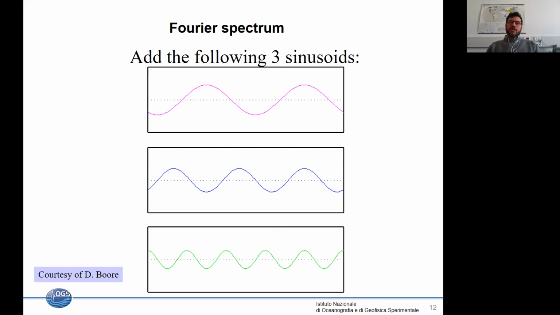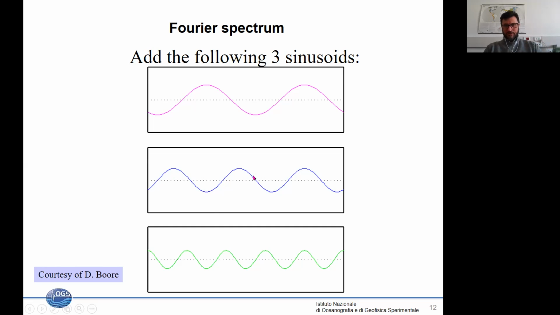Okay. So just make a very simple example. We have now three simple signals, three sinusoids. We will call it, let's say, 2, which is this pink one with the lowest frequency, if on the X you have the time domain, and with the largest amplitude.